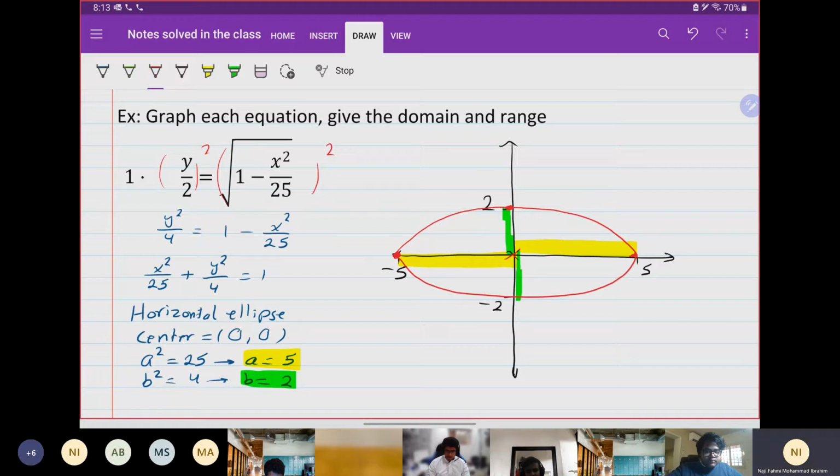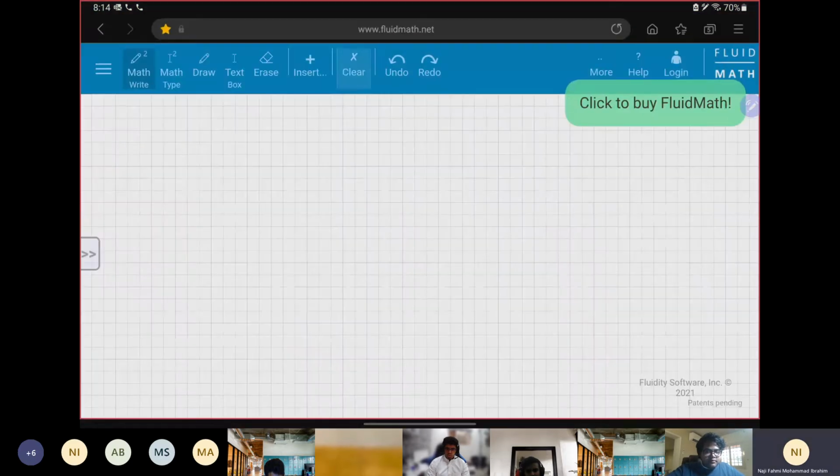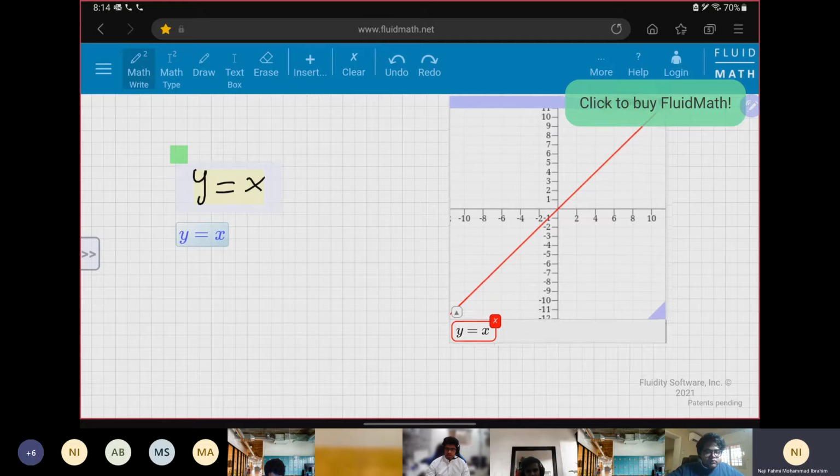My graph before squaring and my graph after squaring, are they the same? No. Let me just show you something. Here, y equals x. Do we remember how the graph is? A straight line, like this.